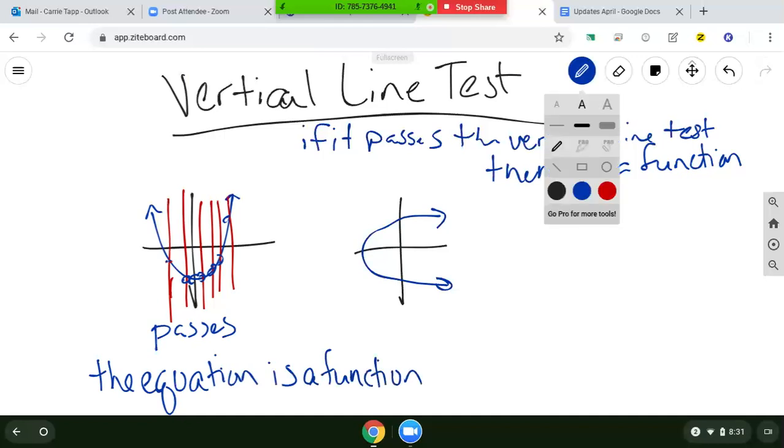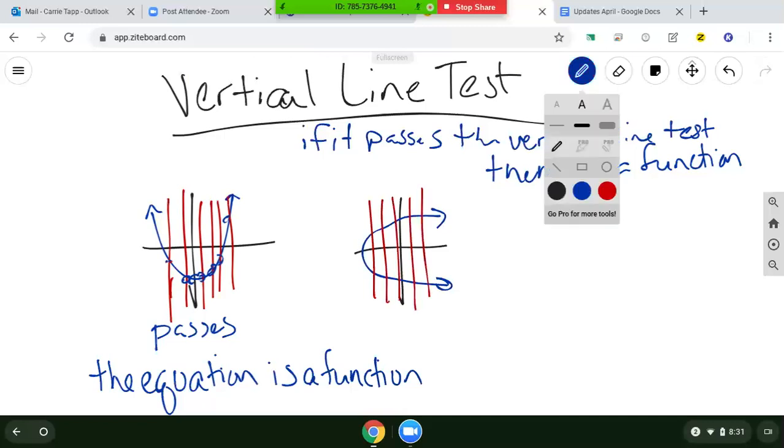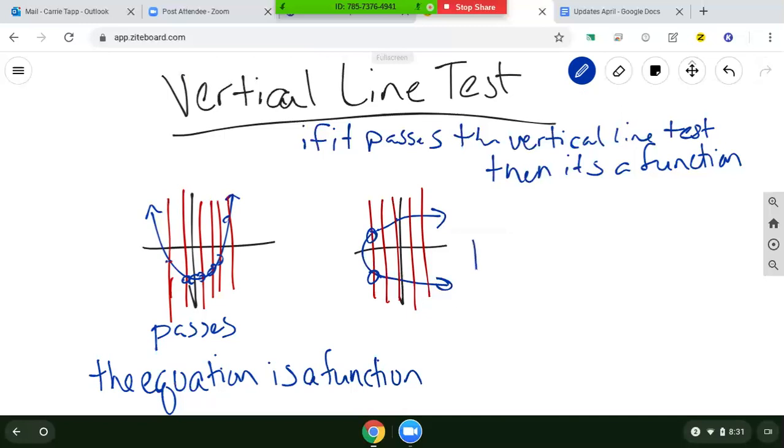Okay, so if we look at the second example, and I run my pencil across it, the first line where my pencil would cross, it would cross here and here. So it crosses in two places. No matter if it's just one time, if it crosses in two places, it does not pass.